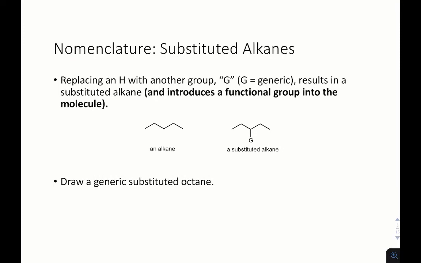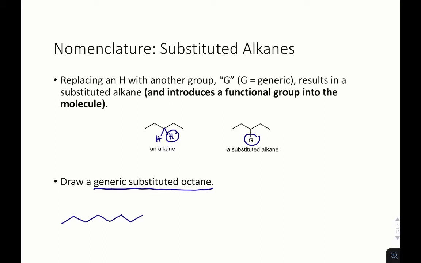Awesome, let's take it up a notch. So now we're going to look at a substituted alkane. When we think about what a substituted alkane is, we're just going to take one of these hydrogen atoms, we'll take this one, and we'll replace it with some group. G just means group. So why don't you pause and see if you can draw a generic substituted octane.